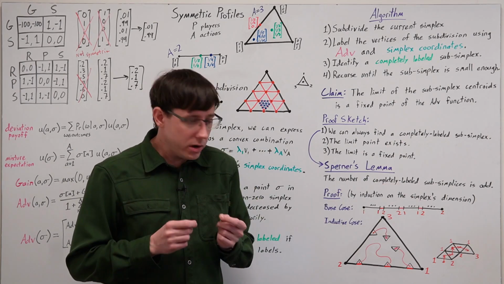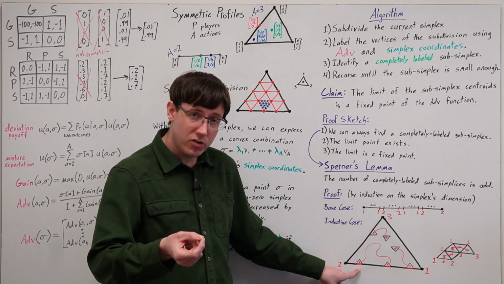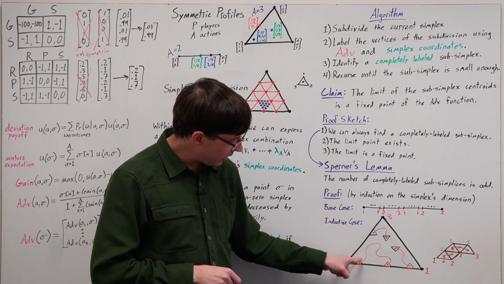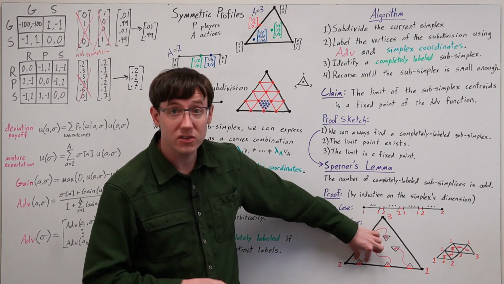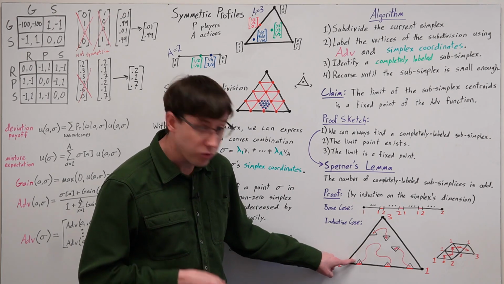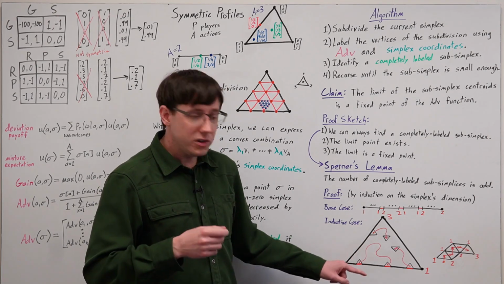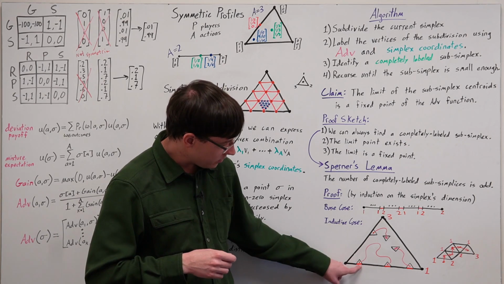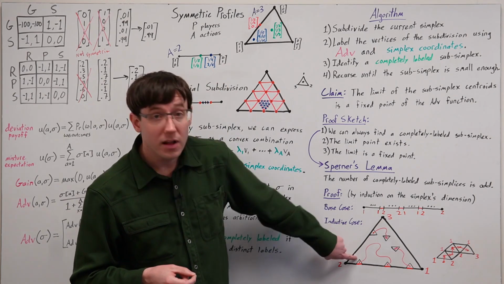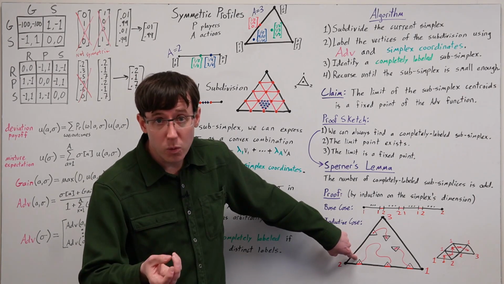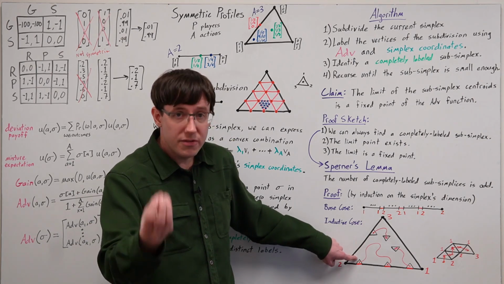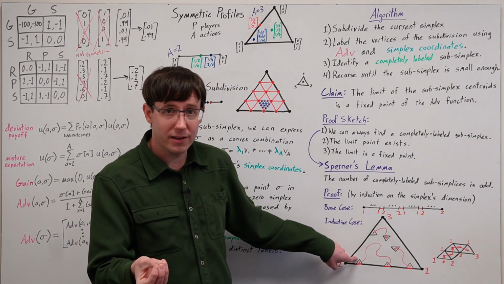And then if we look at one of those completely labeled n-dimensional simplices on the face, and which n+1 dimensional subsimplex it's a part of, then we know that this subsimplex, the triangle in my drawing, must use at least n labels, since the face was completely labeled. And it's possible that this label will be a new one or a duplicate. If it's a new one, then we have found a completely labeled subsimplex.